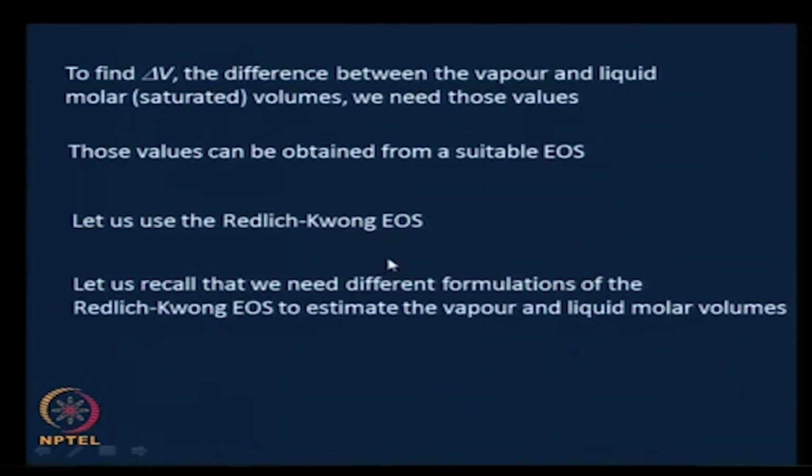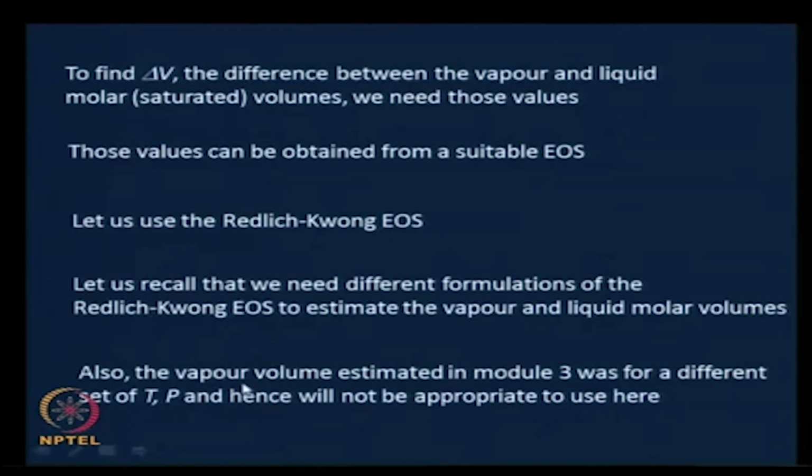If you recall what we did in module 3, we needed different formulations of the Redlich-Kwong equation to estimate the vapor and liquid molar volumes, because the formulation for the vapor volume had a V minus B term, and if we had used that with an initial guess of V equals B, then that term would have gone completely to 0, and we would not have had the benefit of the contribution of that term in our estimations.